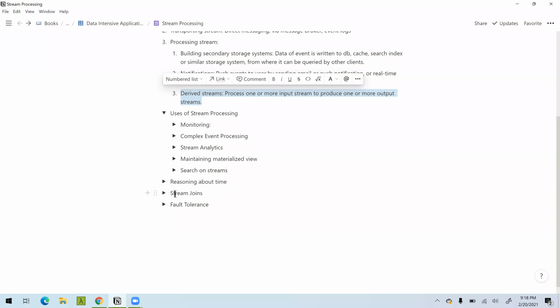Then we will discuss how to join streams and what the various ways to join streams are. And then finally, we will end the chapter with fault tolerance: whenever we are doing any processing with the streams, if anything fails, if our processor fails, how do we tolerate faults in our streams? And as we will see, it's not so easy to tolerate faults with streams, because these are infinite.